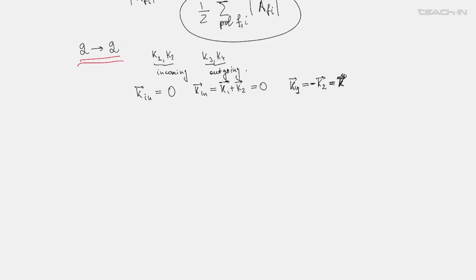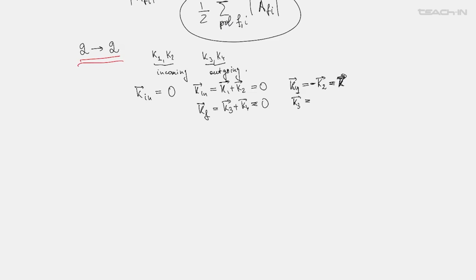Then, since we have the conservation law that initial momentum is equal to the final momentum, we have K final as K3 plus K4. And this is then also equal to 0 because momentum is conserved. And so we have K3 is equal to minus K4 in this frame.